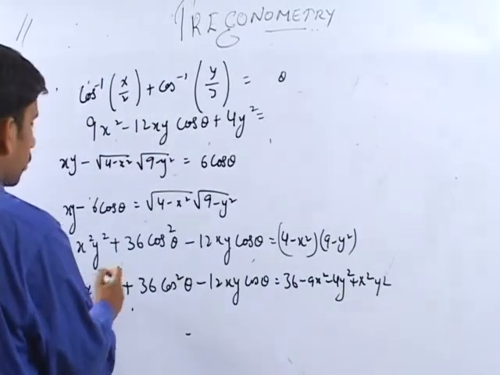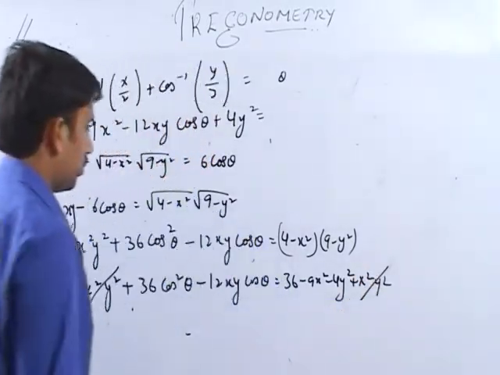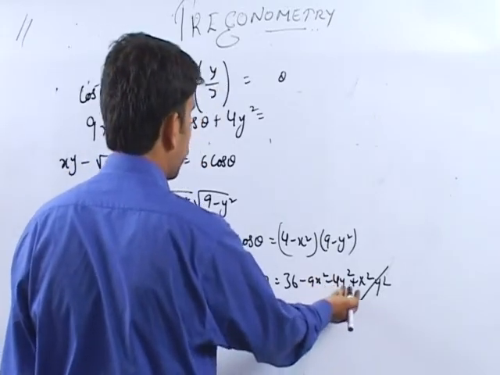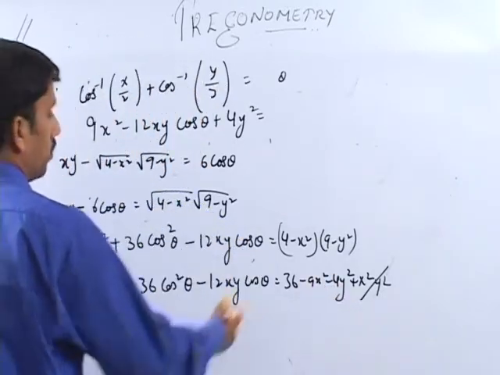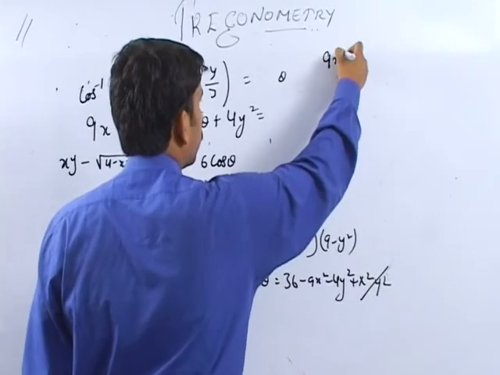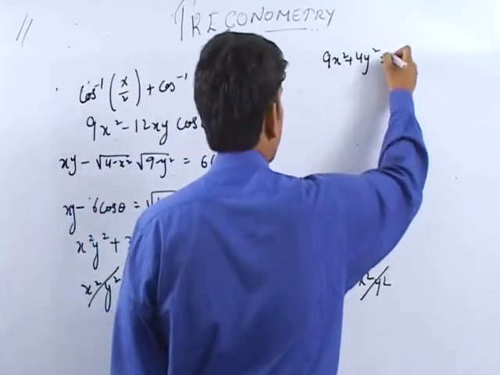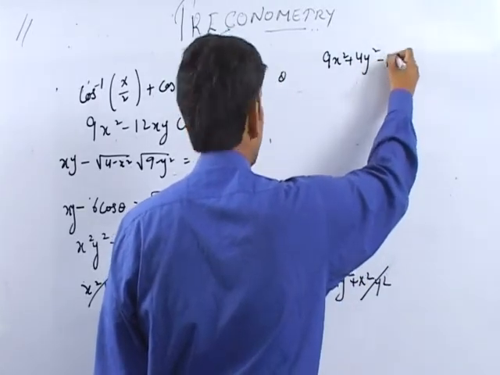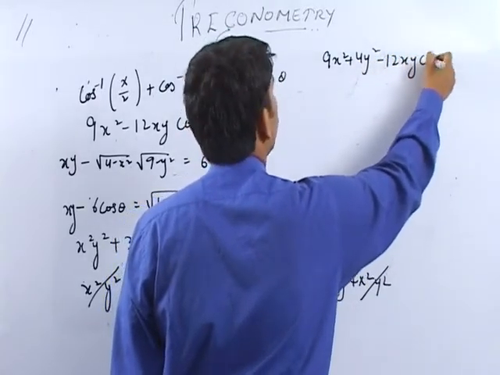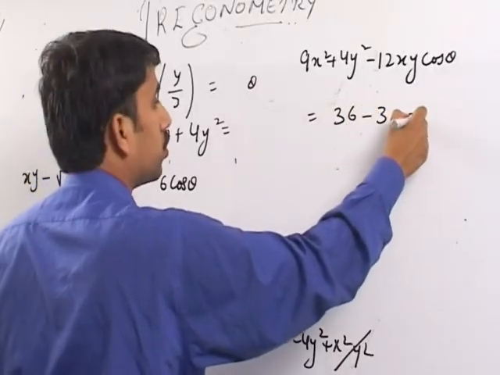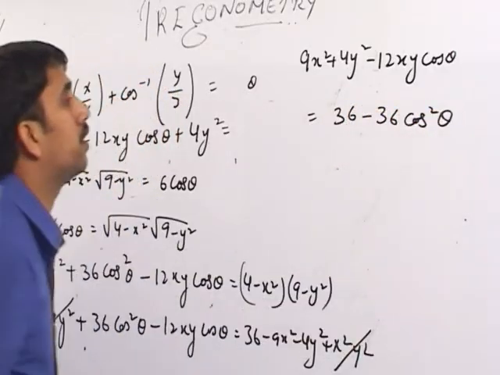Now this x square y square will be cancelled out, and when we take this 9x square minus 4y square on the left hand side, you will get 9x square plus 4y square minus 12xy cos theta is equal to 36 minus 36 cos square theta.